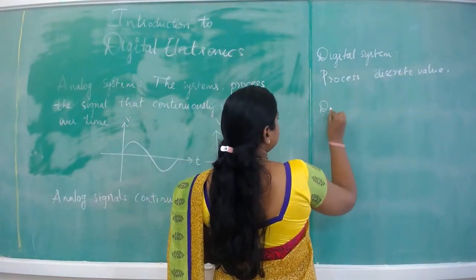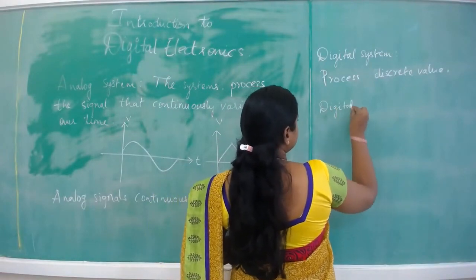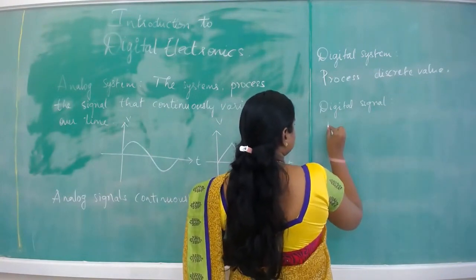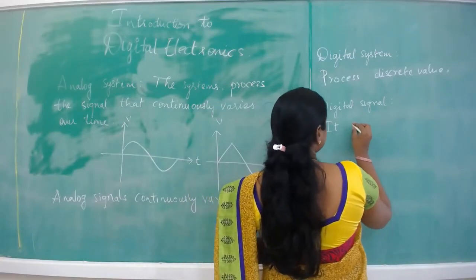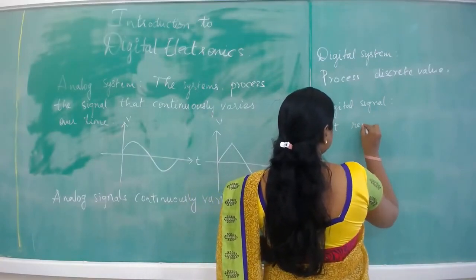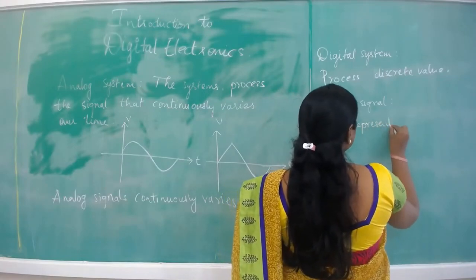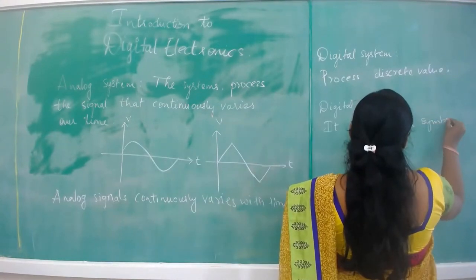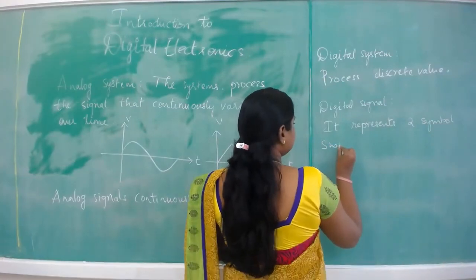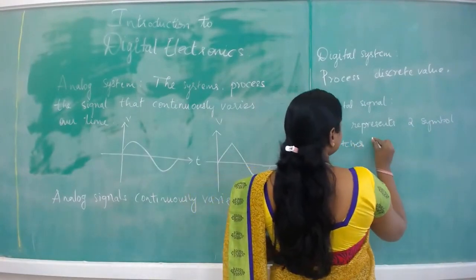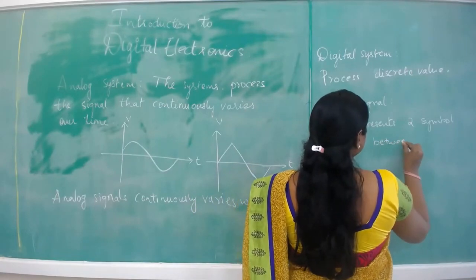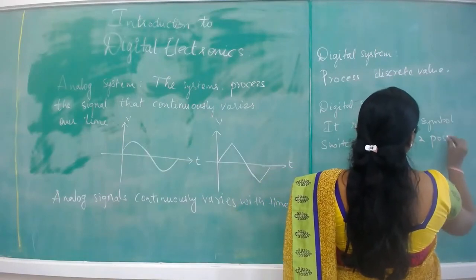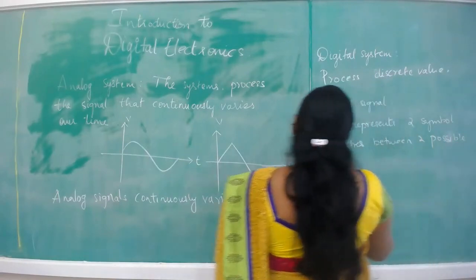About the digital signal, it represents two symbols or switches between two possible values.